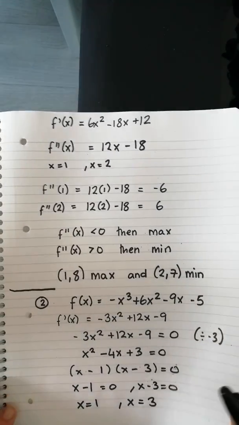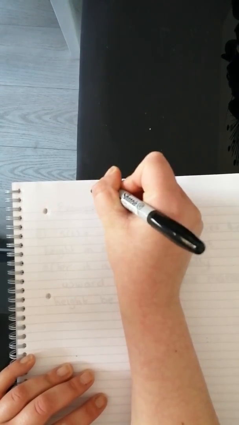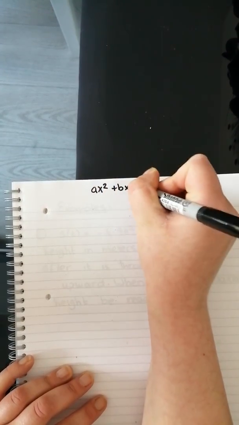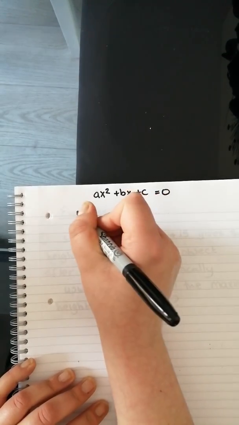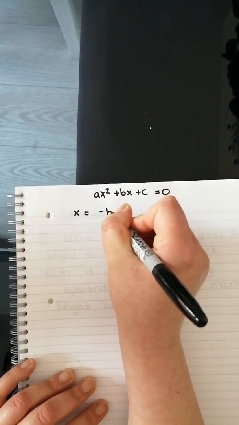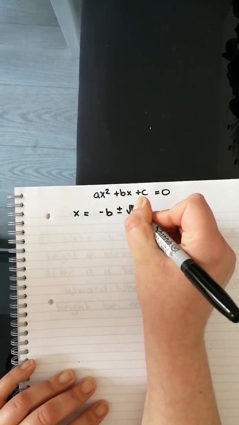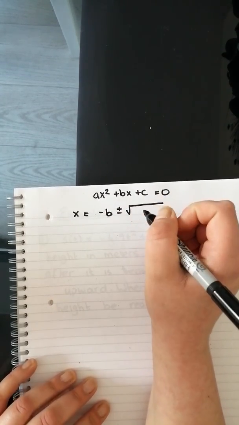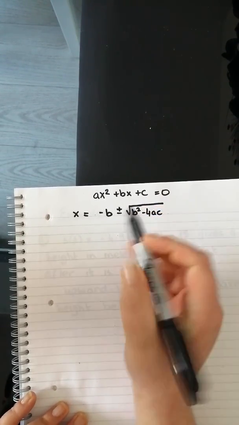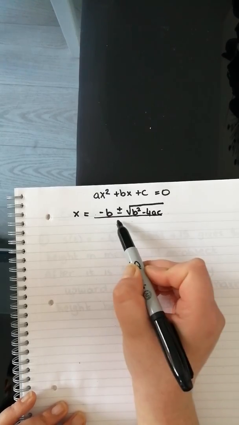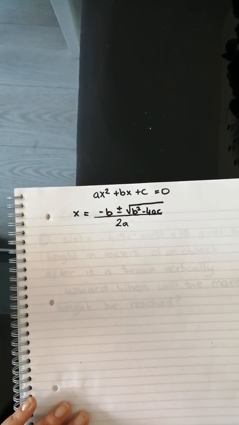So the quadratic formula says, for a quadratic in the form ax squared plus bx plus c equal to 0, the quadratic formula is x equals minus b plus or minus the square root of b squared minus 4ac, all over 2 times a.